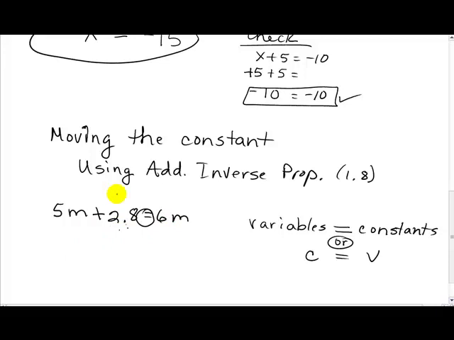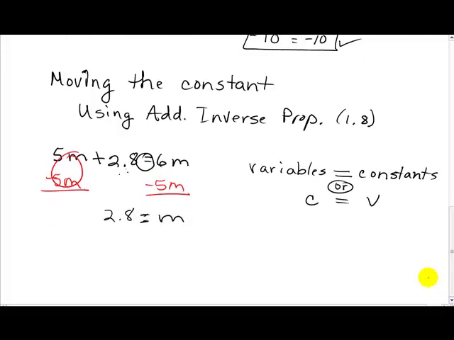So again, we're going to use that additive inverse property, and we are going to subtract the 5m so that this becomes 0, and then minus 5m here. 2.8 equals 6 minus 5 is 1m.